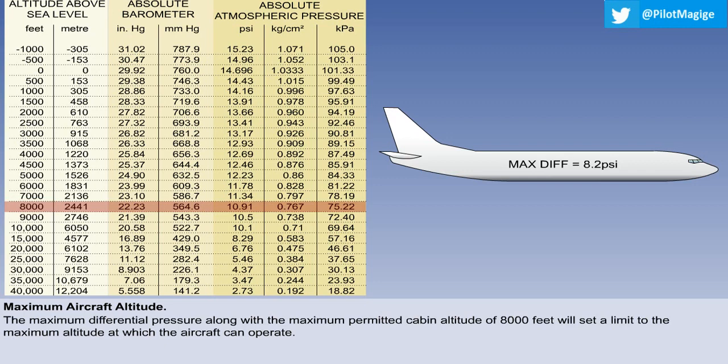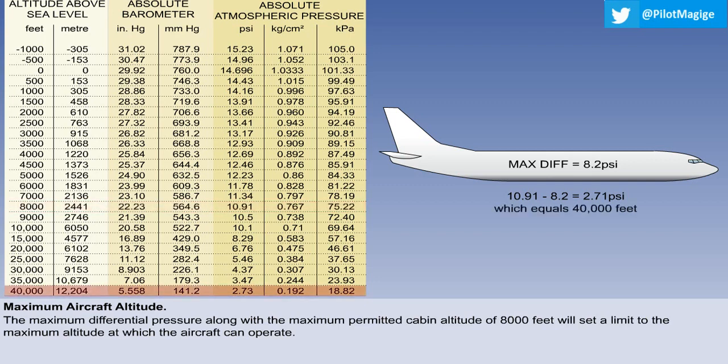So if the manufacturer has set the aircraft's maximum differential pressure at 8.2 psi, then the minimum outside pressure is 10.91 minus 8.2, which equals 2.71. We can see from the chart that this equates to just a touch over 40,000 feet.